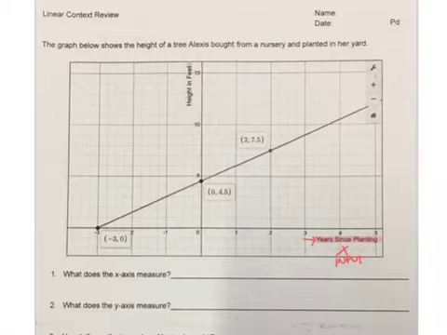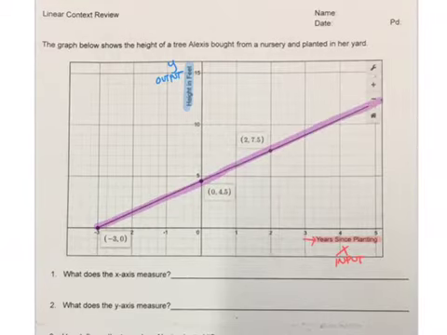The other value we're looking at is height measured in feet, and that's our y-axis, which is the output. And we can see this curve representing the tree's height versus time is an increasing curve, which means that as the tree gets older, it also gets taller.